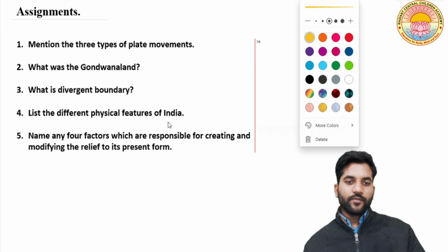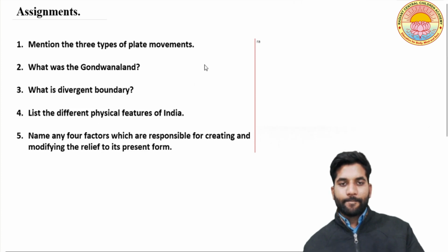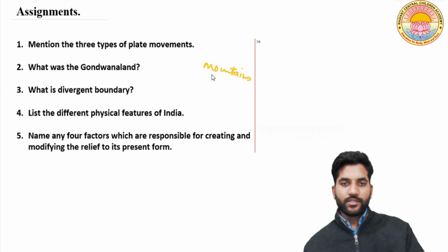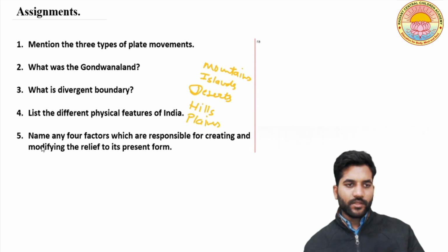List the different physical features of India. There are many physical features of India, like mountainous areas, mountains, islands, deserts, hills, and plains. So you can name them in this question.